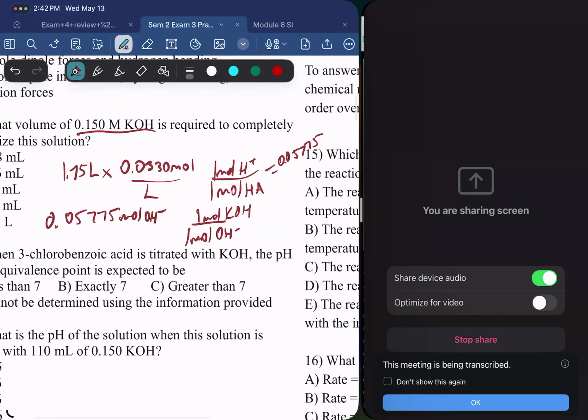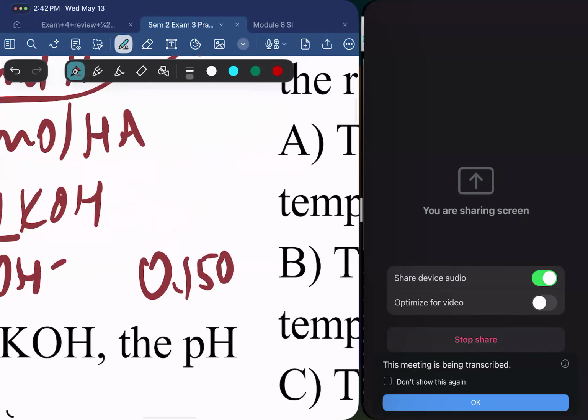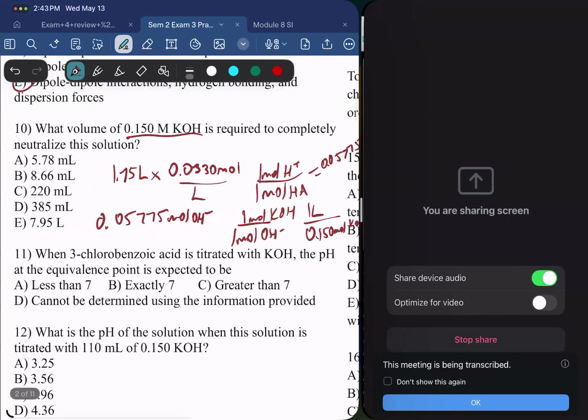And then we can flip the molarity, right? So 0.15 mole of KOH over 1 liter to get the volume. So let's do that. 0.150, and I got 0.385 liters.